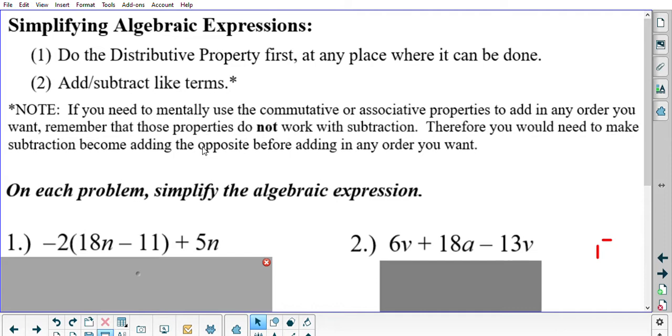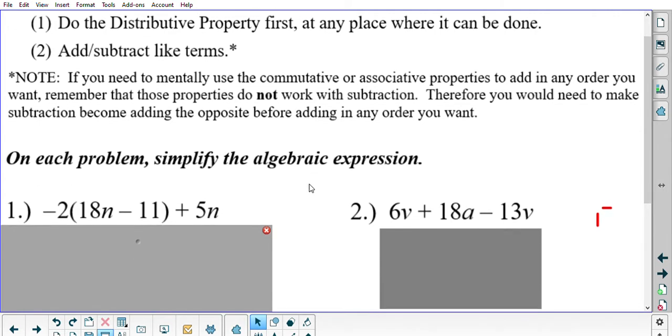You cannot switch the order however you want with subtraction, but you can with addition. So therefore, you would need to make subtraction become adding the opposite before you go about adding in any order that you want. Let's do a couple examples together, and then you'll do the rest of this on your own.